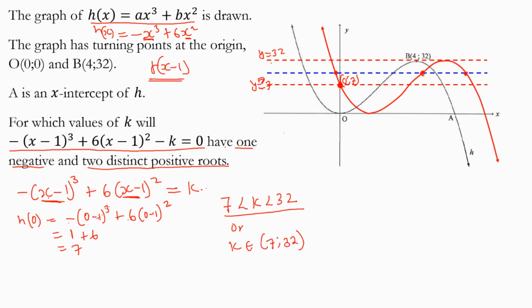That's when we'll have 1 negative and 2 distinct positive roots. Let me use the blue line here. You can see 1 negative here and 2 distinct positive roots. So our k value should be between 7 and 32.